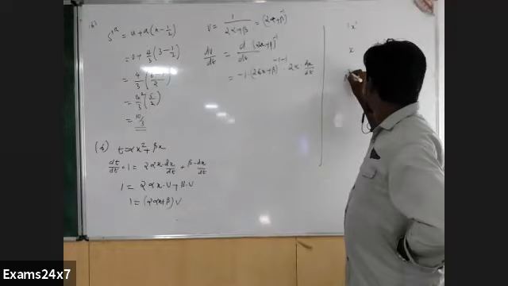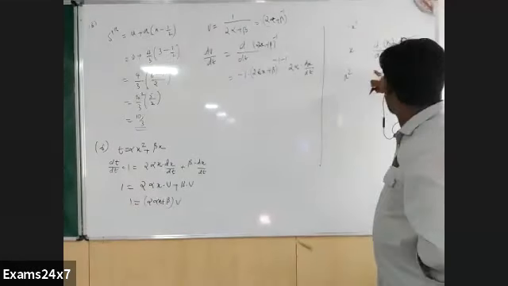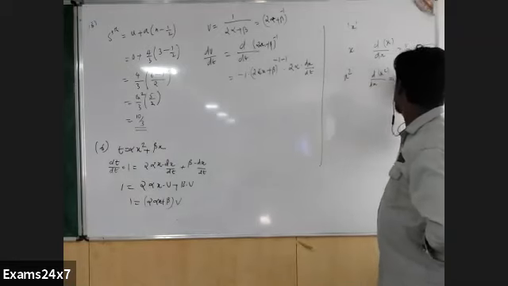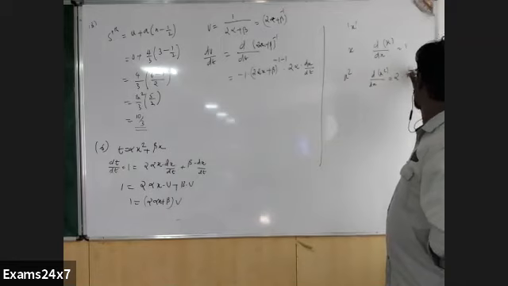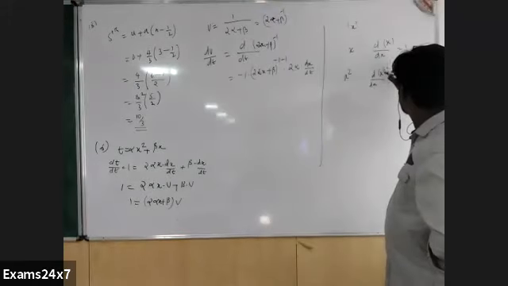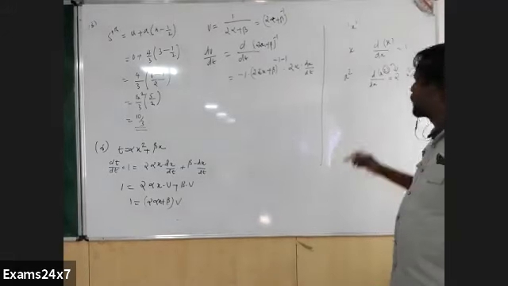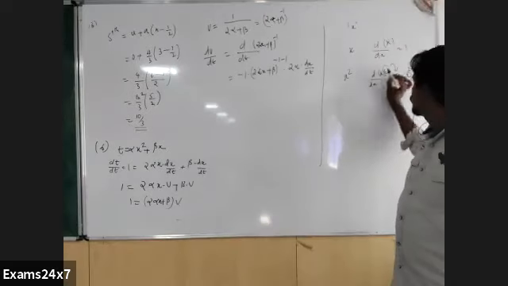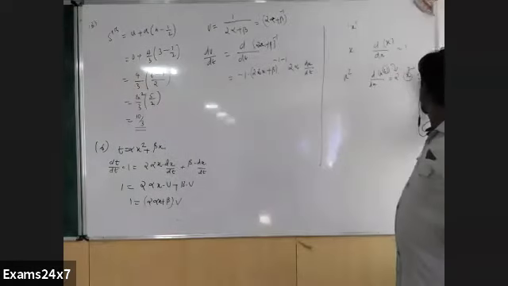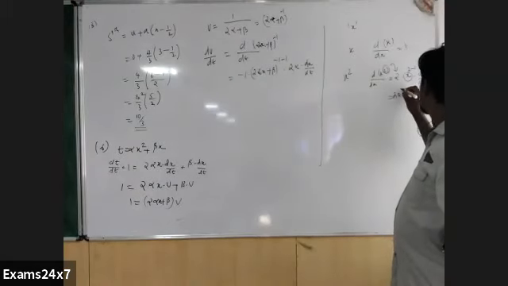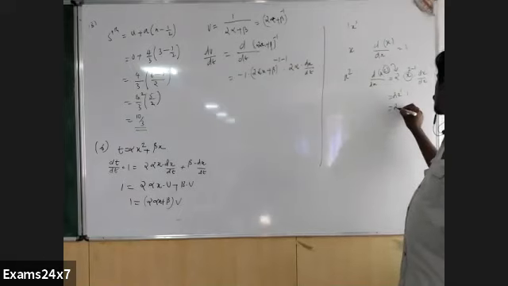If you have a term x square, you differentiate that with respect to x, d by dx of x square, that is 2x to the power 2 minus 1 into dx by dx. So you get 2x to the power 1, that is 2x.